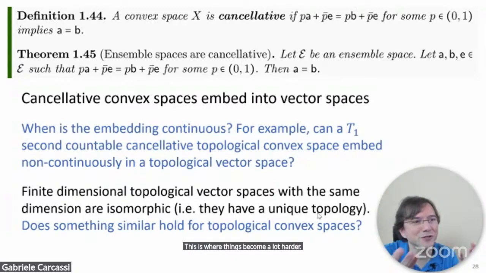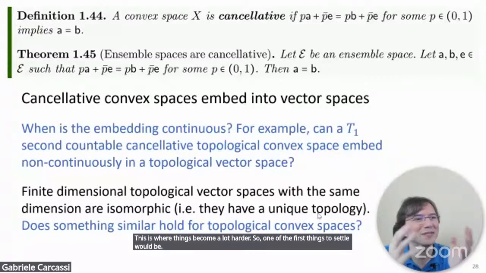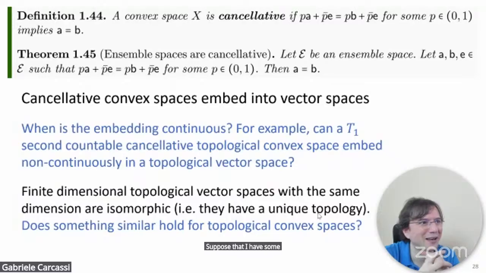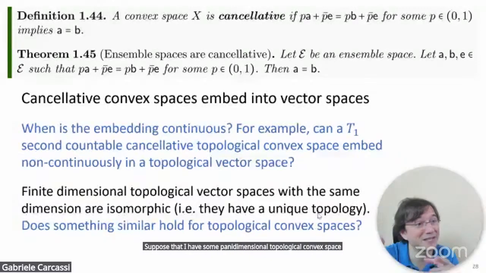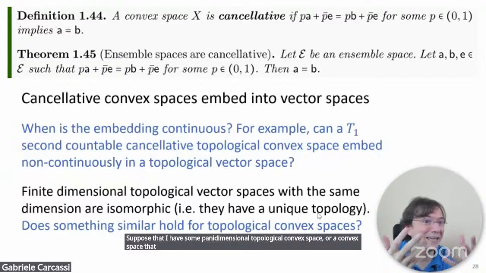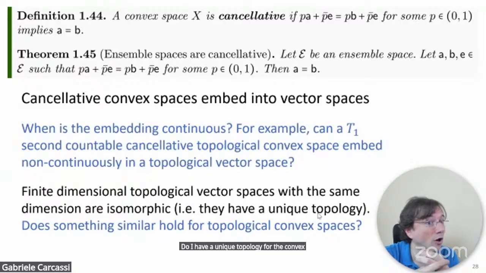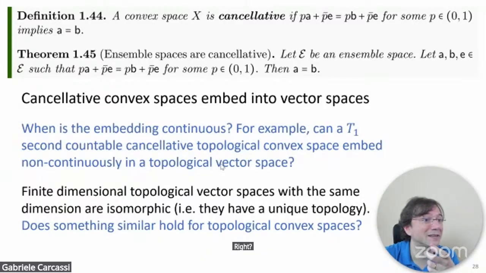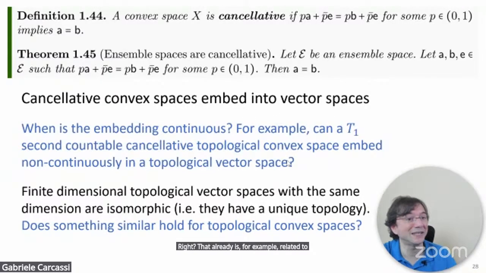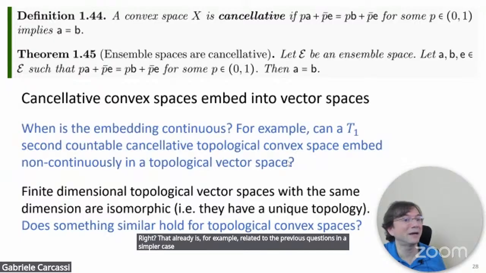So one of the first things to settle would be, suppose that I have some finite dimensional topological convex space, or a convex space that embeds in a finite dimensional vector space. Do I have a unique topology for the convex space or not? That already is, for example, related to the previous questions in a simpler case. But those are the types of questions that need to be settled.